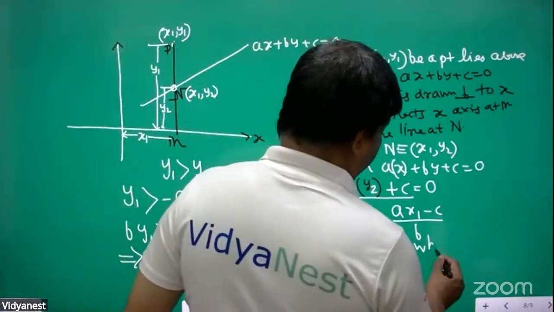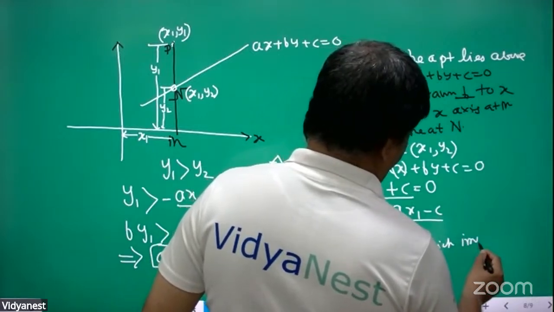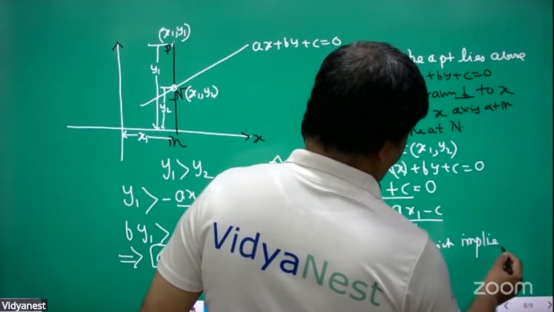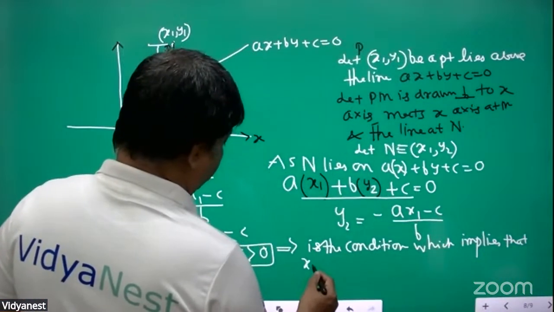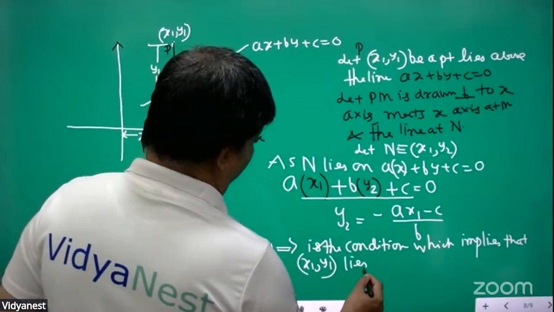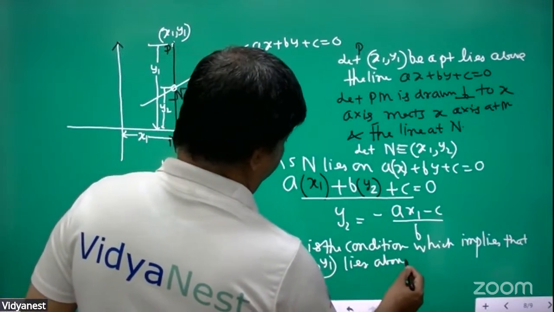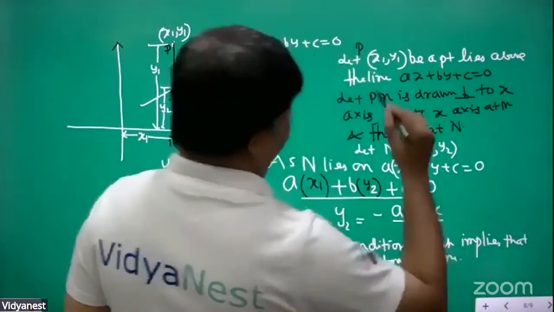This is the condition which implies that (x1, y1) lies above the line.